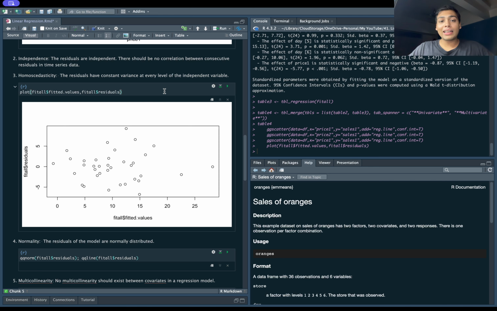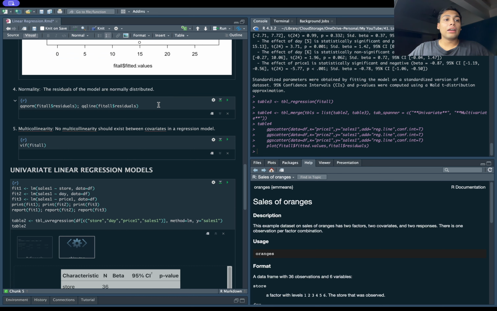Although it has its place, I'm more of a subjective guy, and I prefer visualization methods more than objective techniques. And the fourth assumption is that of normality.